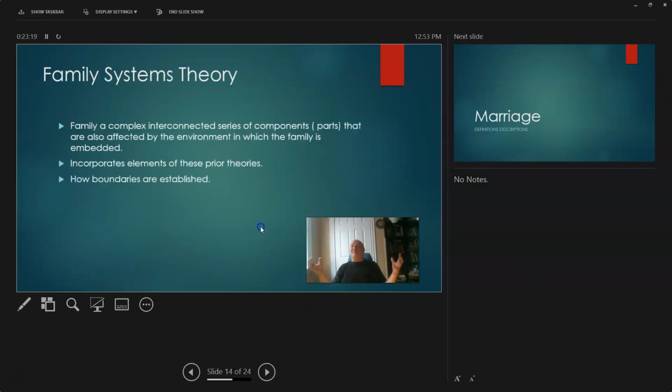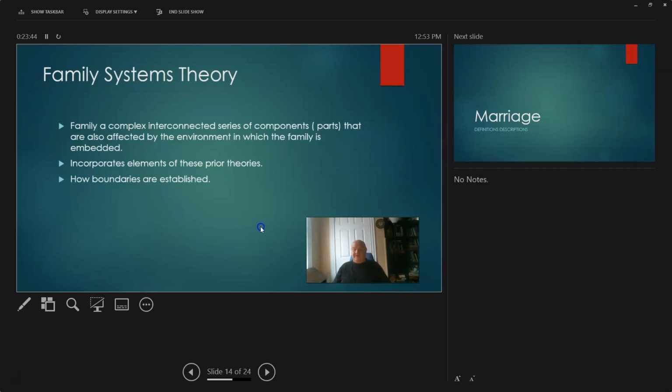So, all of these 4 theories are good, but a good theory should explain the most. It should be the most all-encompassing in terms of a paradigm.